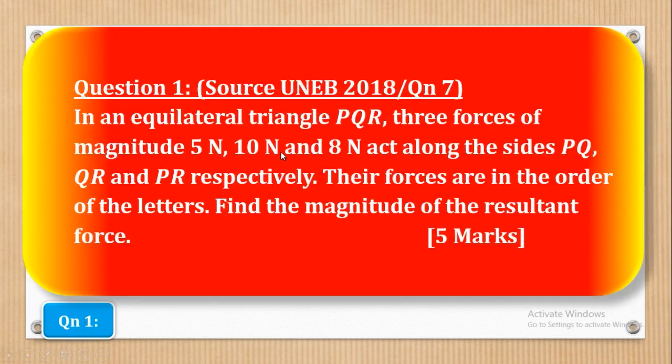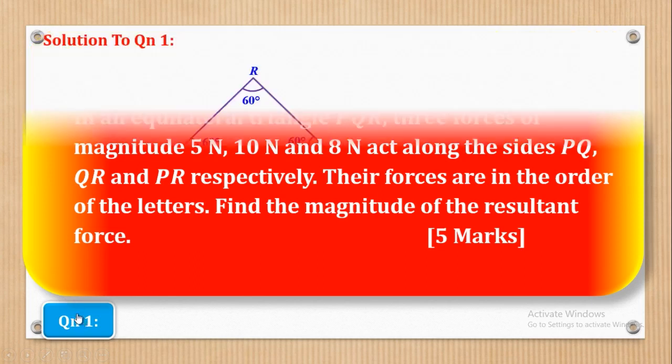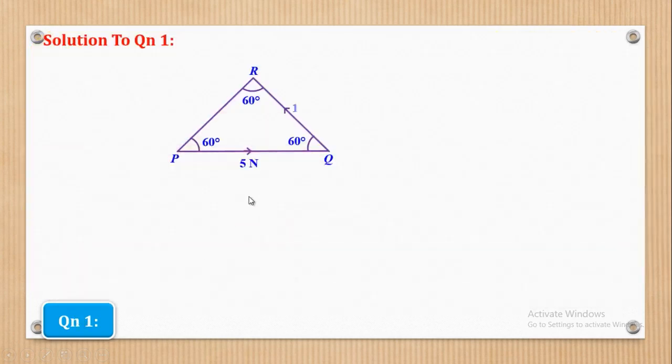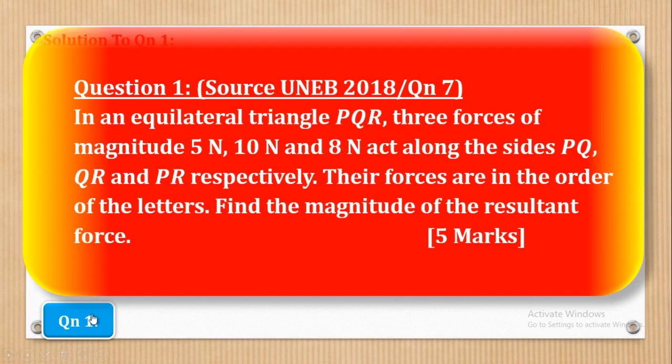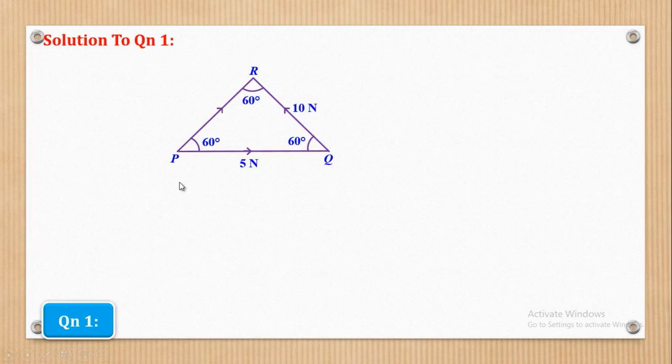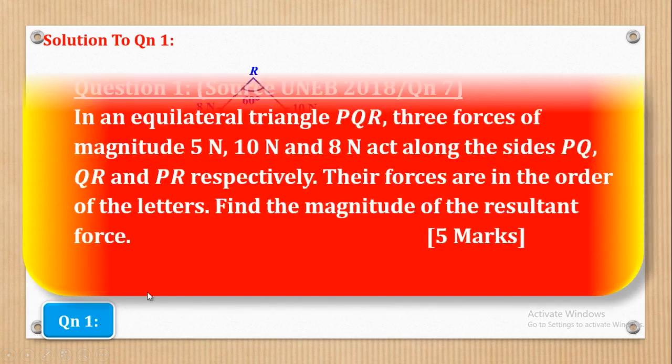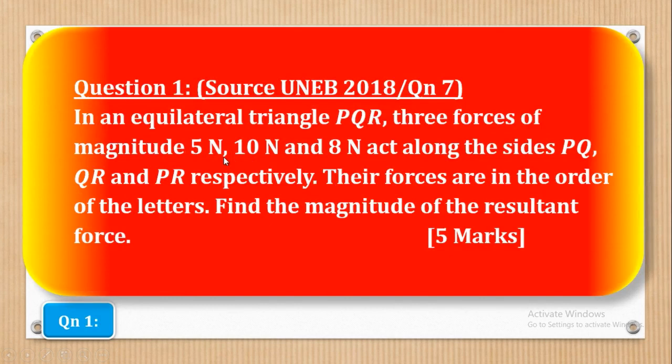Next is the 10 Newton force, which is in the direction of QR, so we draw it on QR. Then lastly, the 8 Newton force is in the direction of PR, so we draw it on PR, in the direction from P to R. So basically we have shown all our forces on a diagram.